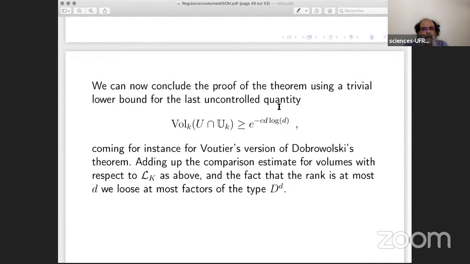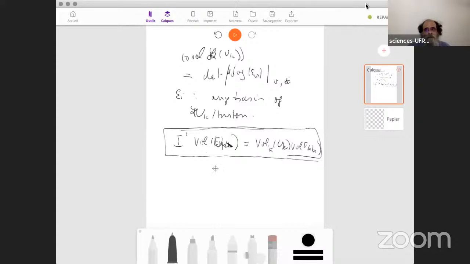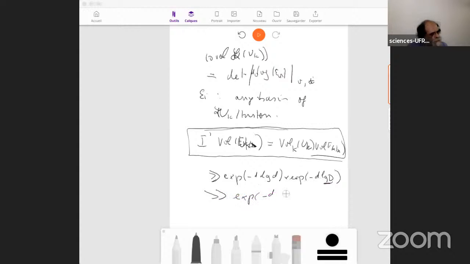So what do you get in the end? You get something like an exponential minus d log d times an exponential minus d log capital D. Okay, log capital D is much bigger, so this whole thing is bigger than exponential minus d log capital D. And what you have for you have Friedmann's Europa that tells you that this is bigger than exponential capital D. So now, since small d is much smaller than capital D, you can kill that by bringing down this constant.